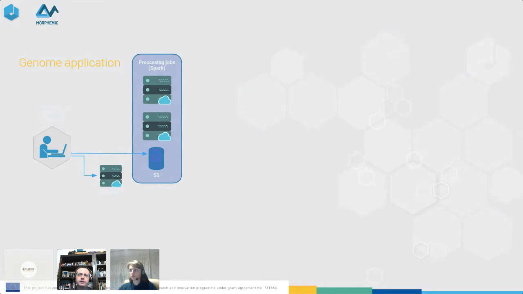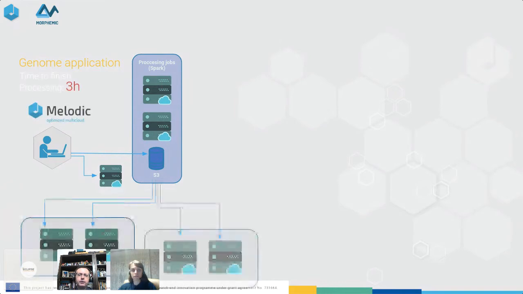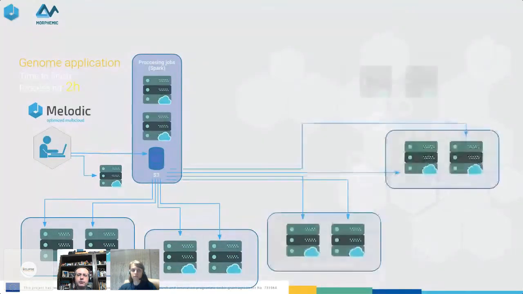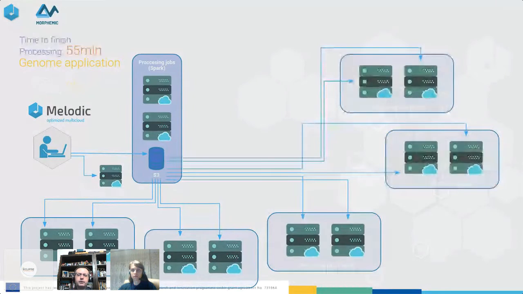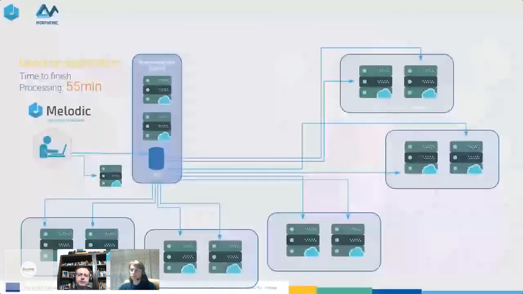And we are starting with minimal resources. Based on the speed of the processing, Melodic calculates how long it takes and adds additional cloud resources. Then again, it checks how much time it takes and adds additional resources. So everything is working at runtime. It is a very unique way to dynamically optimize the resources used by big data frameworks and big data applications.